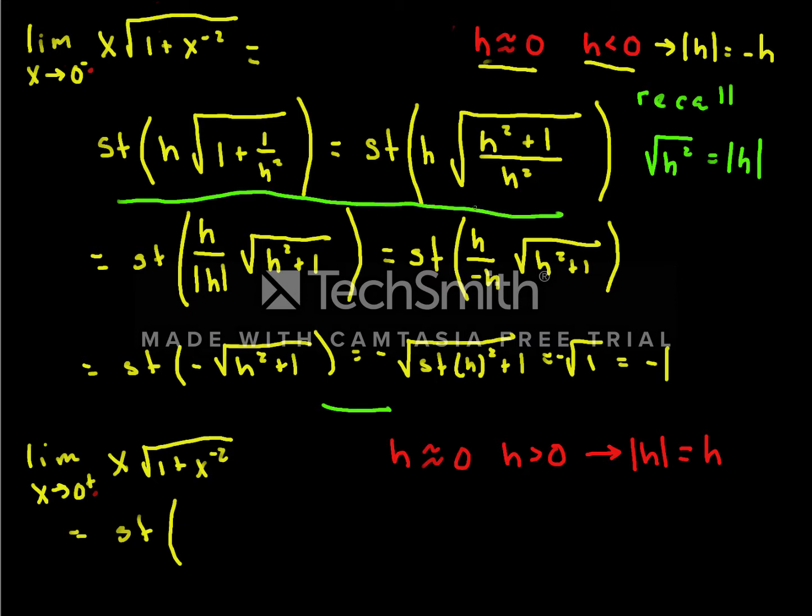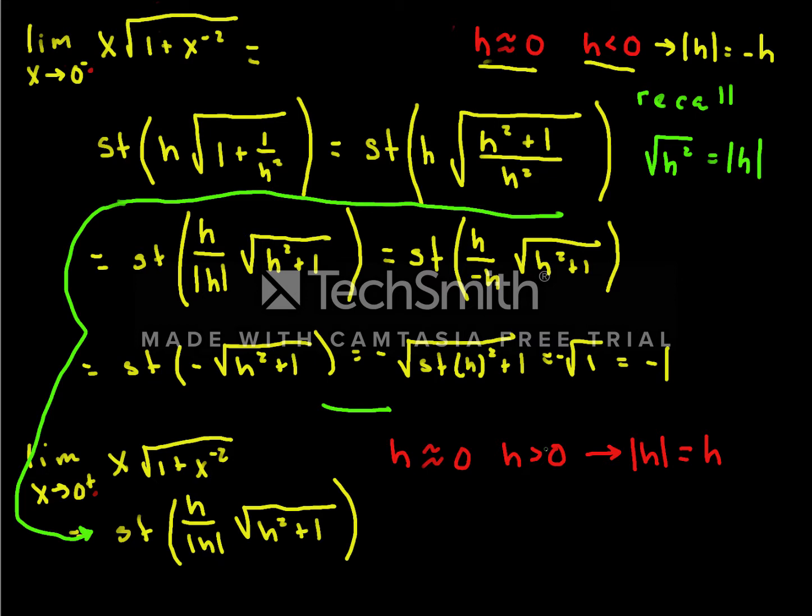I'm kind of pretending I already did them, so they're kind of hidden right here. I've simplified. So this is equal to the standard part of h divided by the absolute value of h times the square root of h squared plus 1.